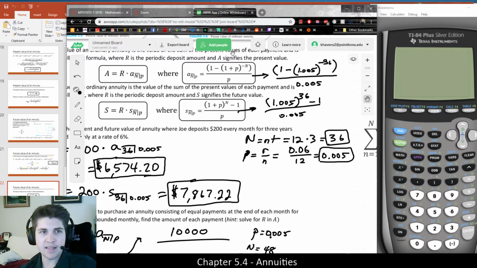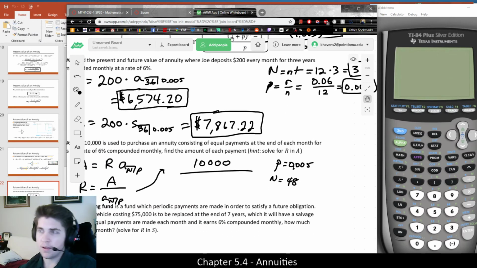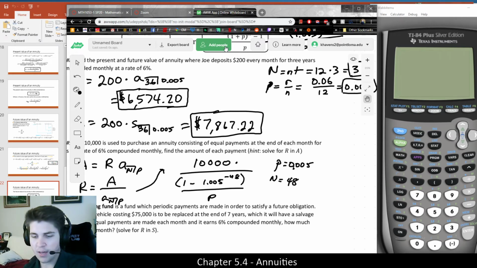I'm going to be taking 10,000 and dividing all that. So it's going to be 10,000 divided by 1 minus 1.005 to the negative 48 power, all divided by p. Another thing is that if I take a number and divide by a fraction, it will flip and multiply. So when I'm dividing by the fraction, the denominator of the fraction will flip to the top. Instead of dividing by p down here, which I could do, it will flip to the top because it's a double division.